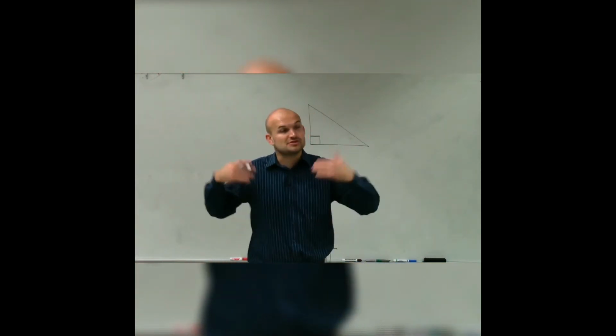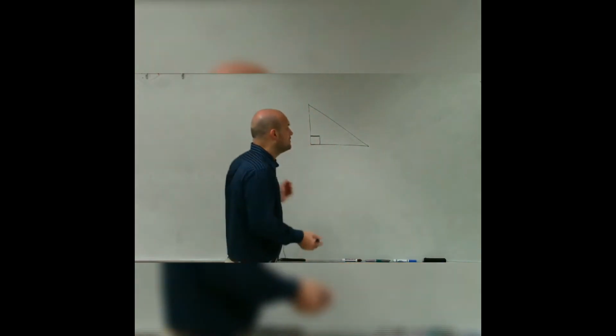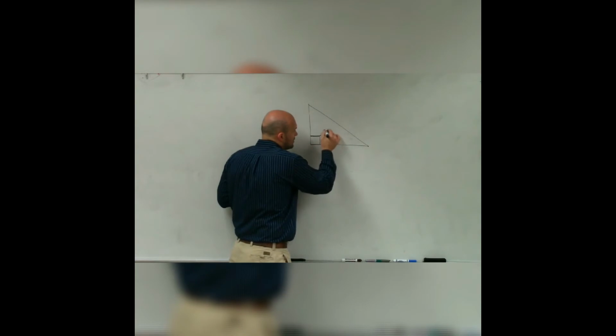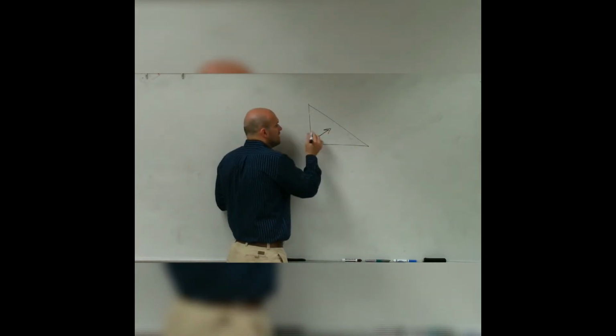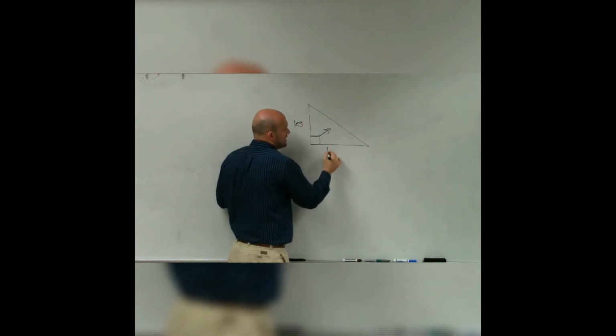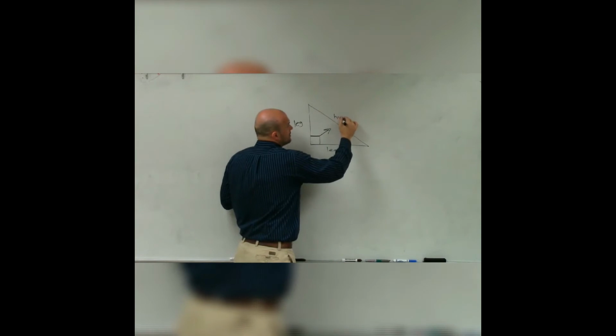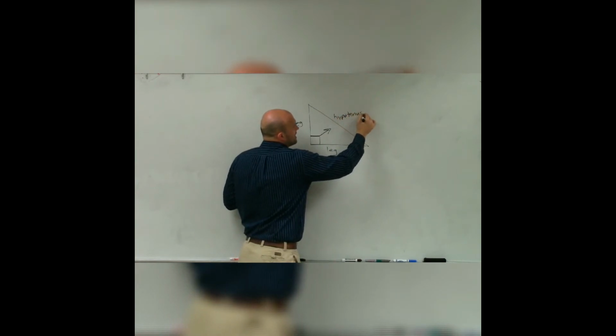Now, when talking about the right triangle, we've always been talking about the legs and the hypotenuse. And just to remind you, because you do that in special right triangles, the hypotenuse was always directly across from your angle, right? And then your legs are what created the right angle. So that was a leg, that was a leg, and that was the hypotenuse.